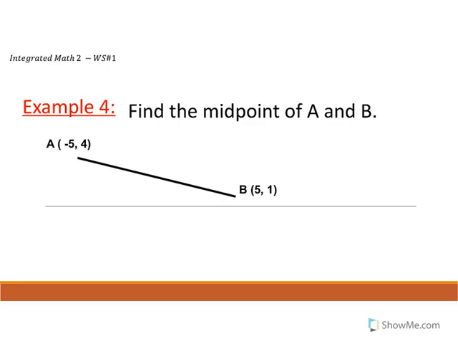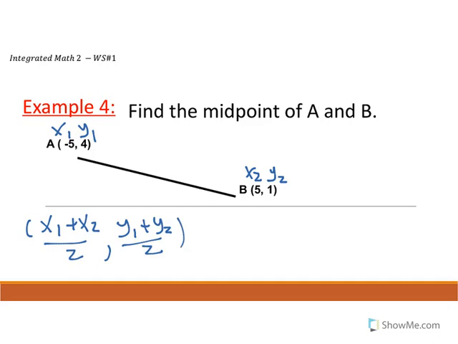Example 4, find the midpoint of A and B. For A, we have the coordinate -5 and 4, so let's assign -5 as x1 and 4 as y1, and B has x2 and y2. The formula says we take x1 plus x2 divided by 2, comma, y1 plus y2 divided by 2.